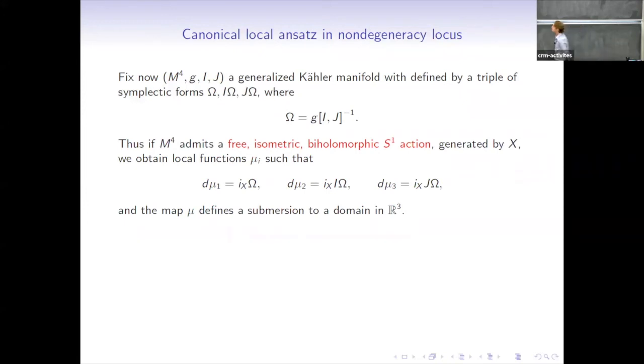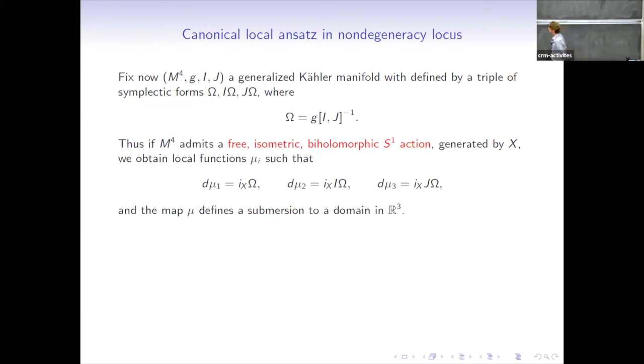Let me assume there exists a free isometric biholomorphic S1 action generated by a vector field X. I also want to assume it's Hamiltonian, so the contraction of X with big omega is of course closed, but I want it to be exact. I want all these forms to be exact, so that I can define these functions mu1, mu2, mu3.